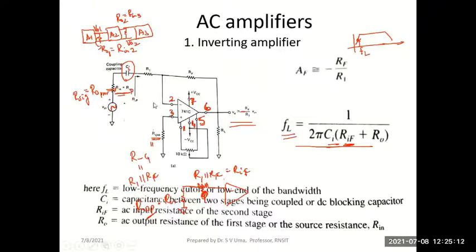And what is RIF? Remember, RIF represents the input AC resistance of this inverting amplifier. And in an inverting amplifier, we know that RIF is approximately equal to R1 for an inverting amplifier. Remember that.